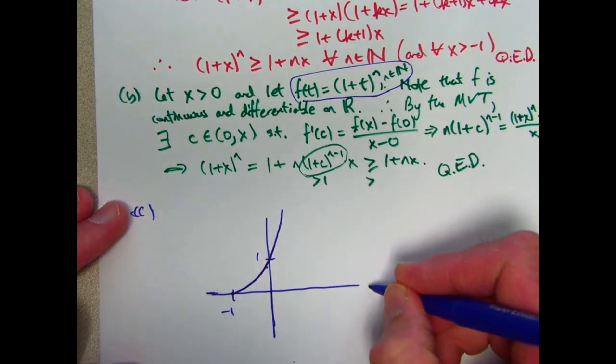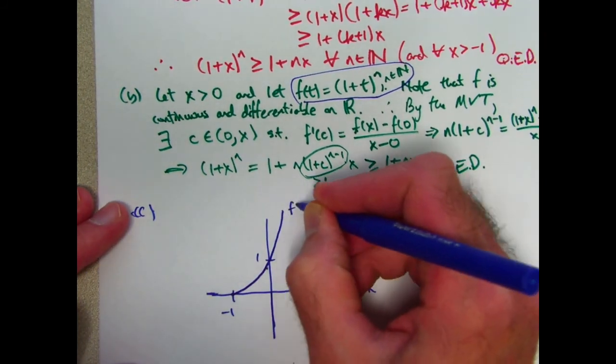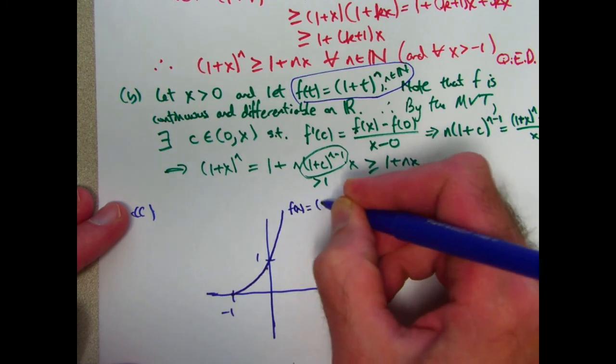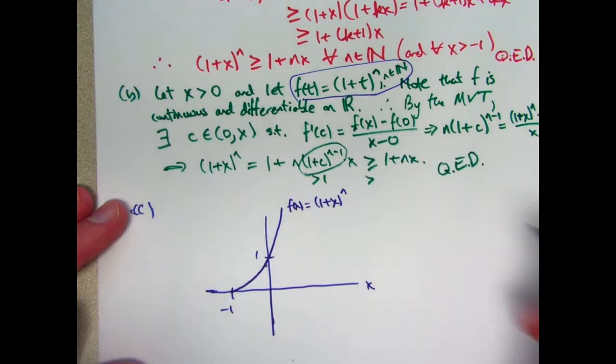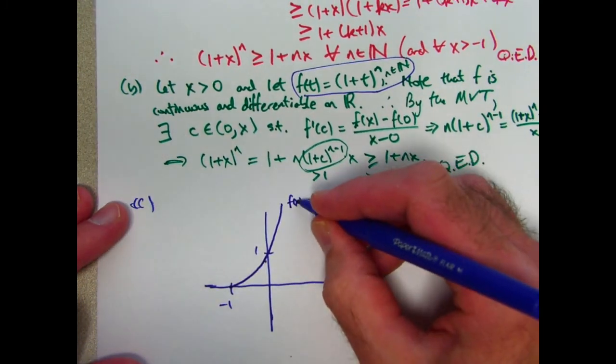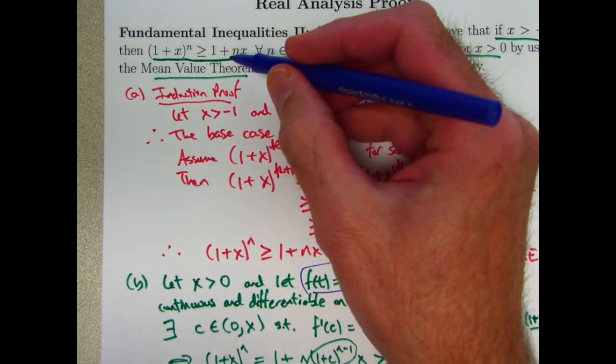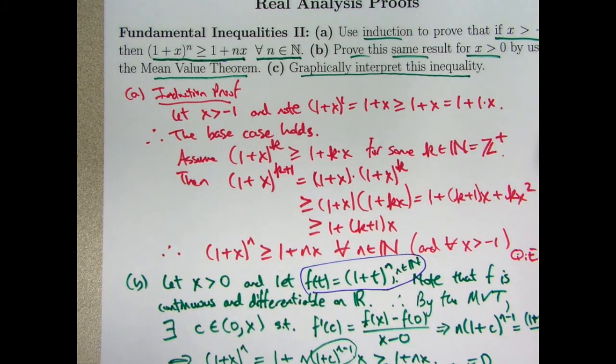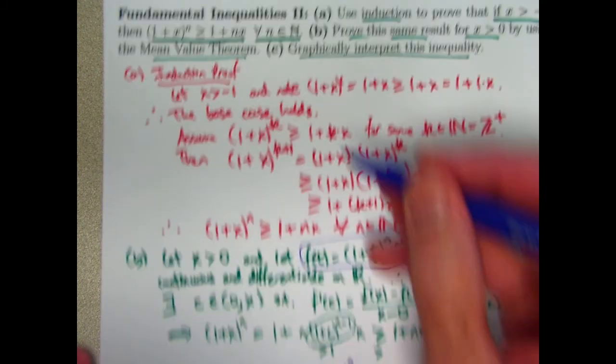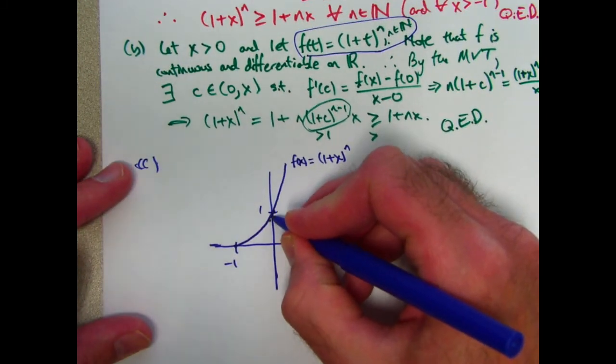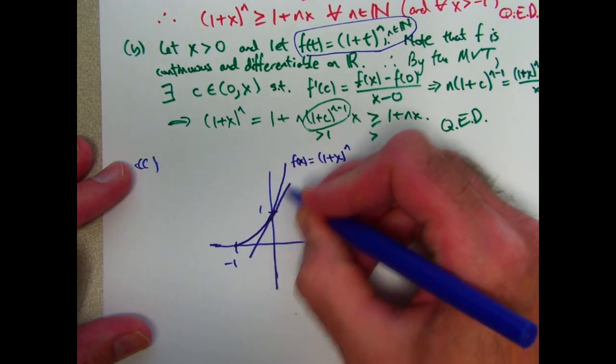Let's go ahead and call the variable x here. So this is the graph of f of x equals 1 plus x to the n. That is greater than or equal to 1 plus n times x, and the graph of that is going to be a straight line with the same y-intercept, the same vertical intercept, and a slope of n. The graph will look like this.